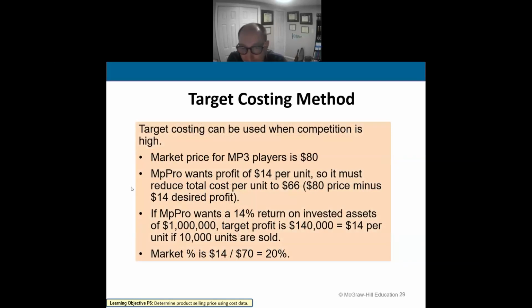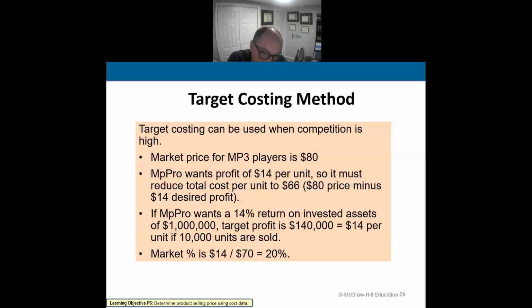Another way of determining your sales price is through the target costing method. This is where we say, hey, listen, I want to make a total profit of $14 per unit. So how much do I need to sell it at? Okay, here's an example. MP3 players. There's a market price for MP3 players of $80 per unit.